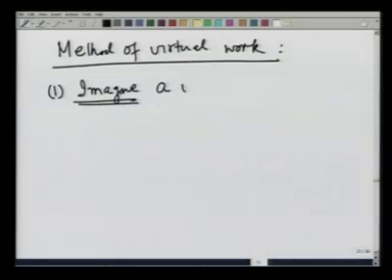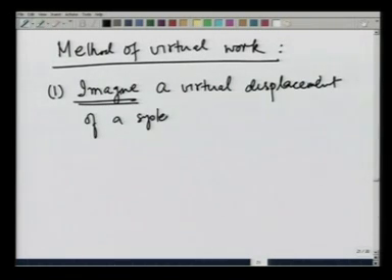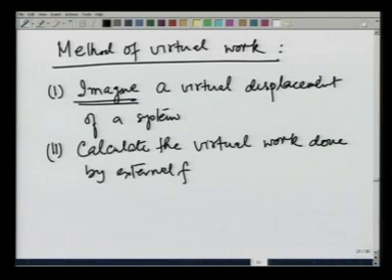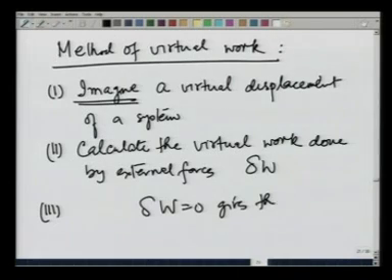Imagine a virtual displacement or virtual change of orientation and so on of a system. 2, calculate the virtual work done by external forces, and 3, call this delta W. Delta W equal to 0 gives the equilibrium condition.